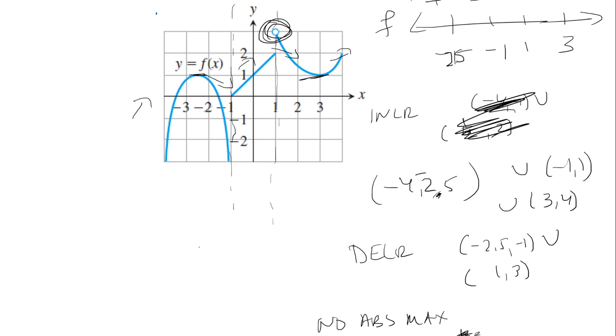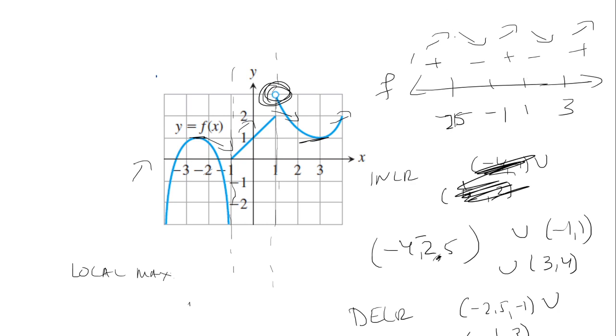So for the local max, we want it to be changing from increasing to decreasing. So it looks like over here, -2.5, and then at 1, and then at the end here. There is no absolute minimum.